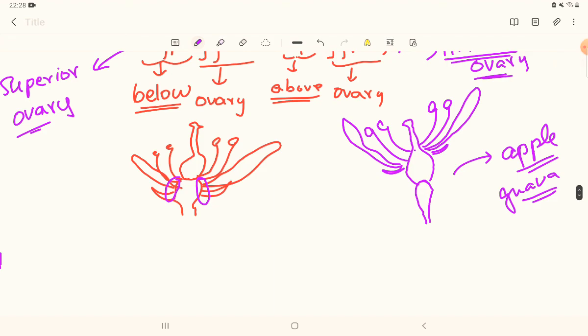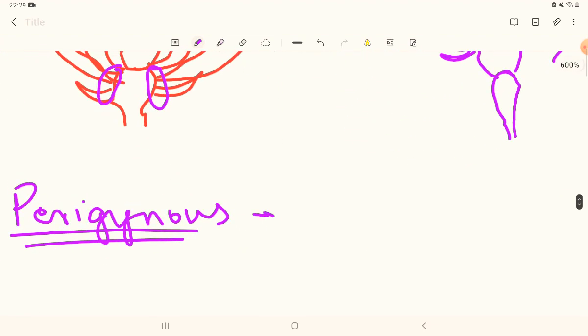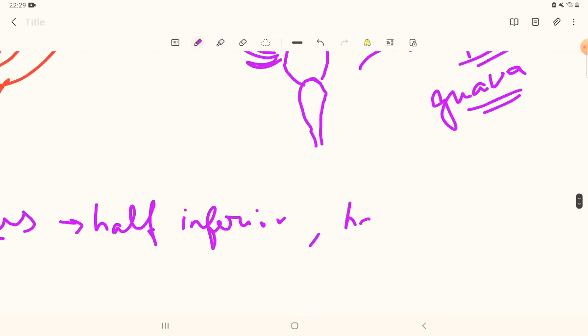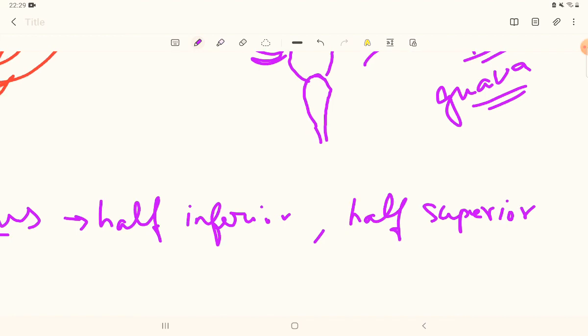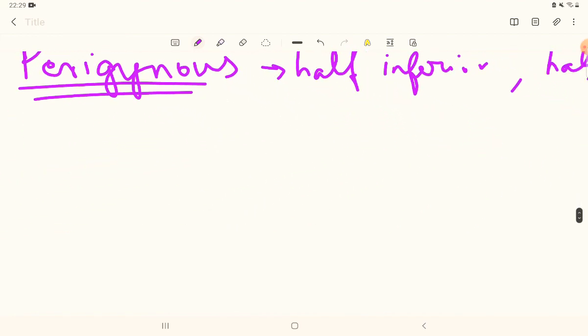Then there is one more situation or type, called peri. So this is called half inferior, half superior, because at the same level as the ovary, the parts of the flower are arranged.